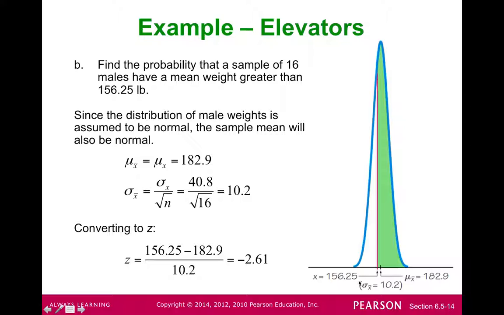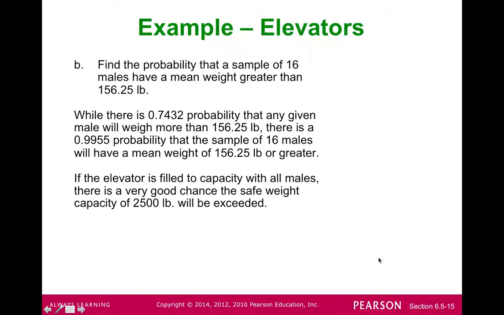It's kind of hard to see, but this is actually what we're solving for here. When we look this up on the table, we see that there is a 0.9955 probability that the sample mean of 16 males will have a mean weight greater than 156.25 pounds. And we found that doing the same exact thing that we did in section 6.3.